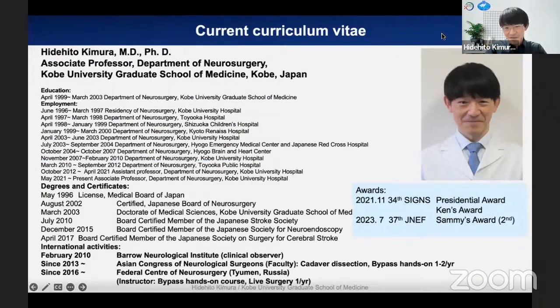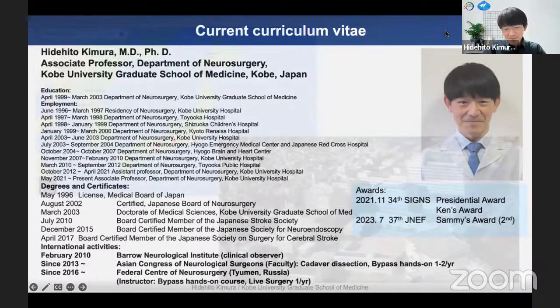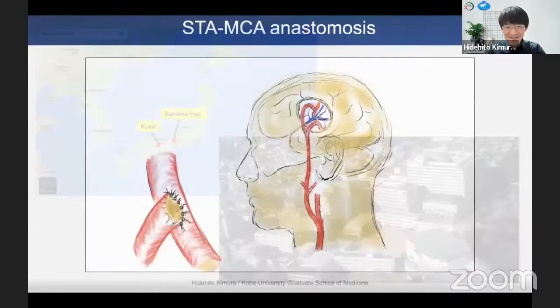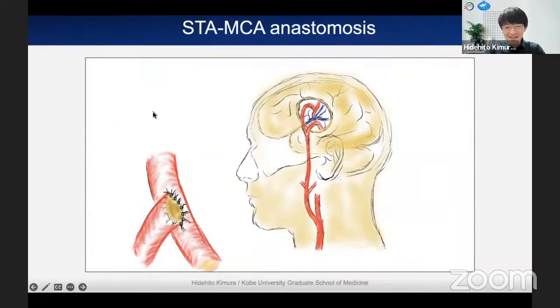So my university hospital is located in Kobe City, and Bantan Hospital is located in Nagoya, here. So don't forget, if you visit Bantan Hospital, contact me prior to that. Okay, anytime. And today my topic is STA-MCA anastomosis.